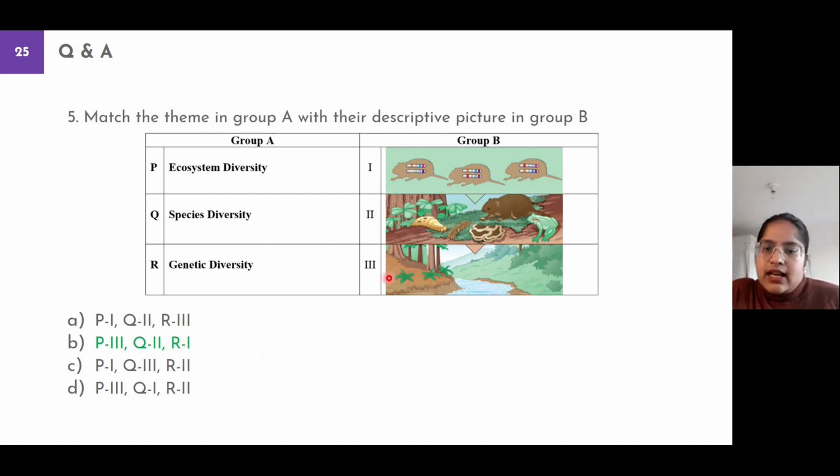Then the last image shows three different types of ecosystems: a forest, a river ecosystem, and a grassland ecosystem, all being displayed. So we see diverse ecosystems in this image, and P matches with 3. The correct option is B, which is P matching with 3, Q matching with 2, and R matching with 1.